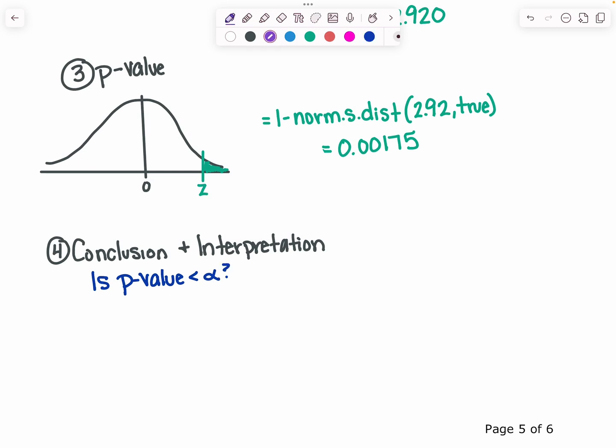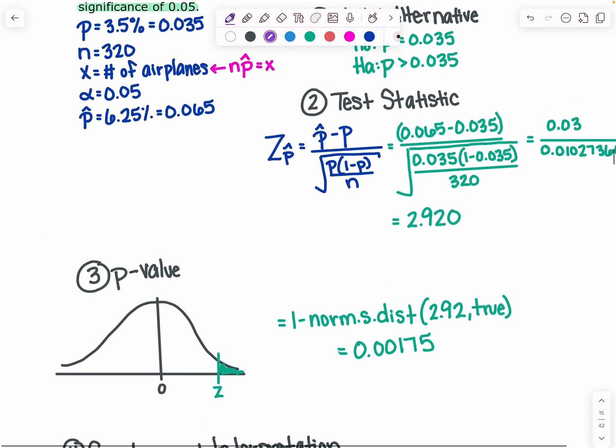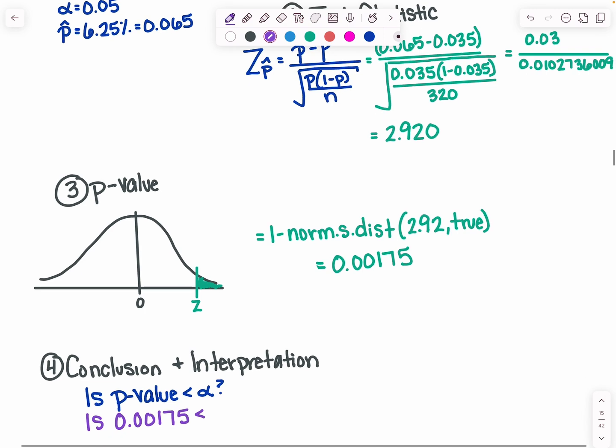If your p is low, you reject H0. So let's find out. Is 0.00175 less than, what was our alpha? 0.05.